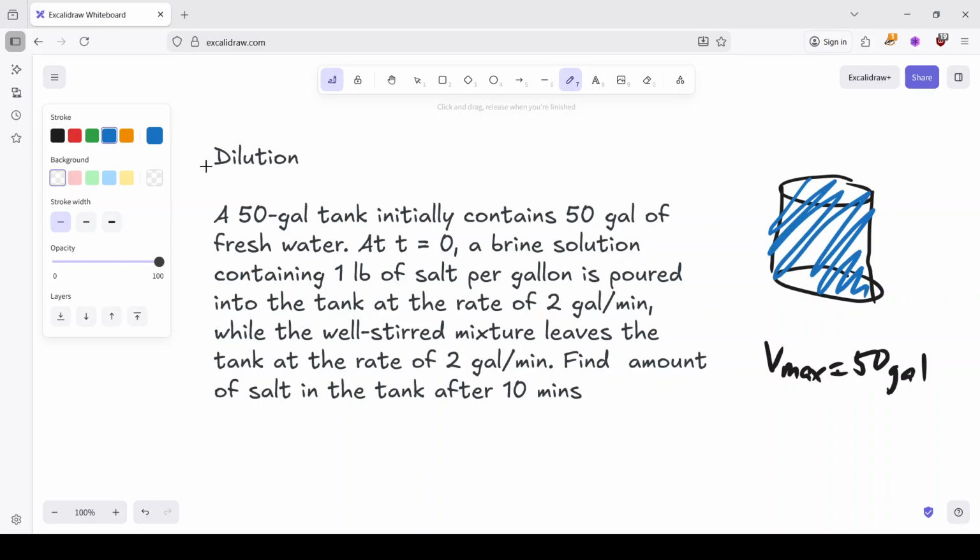Now, a brine solution will be introduced containing 1 pound of salt per gallon as the concentration, at a rate of 2 gallons per minute. This mixture will leave the tank at a rate of 2 gallons per minute. So the question here is, find the amount of salt in the tank after 10 minutes.